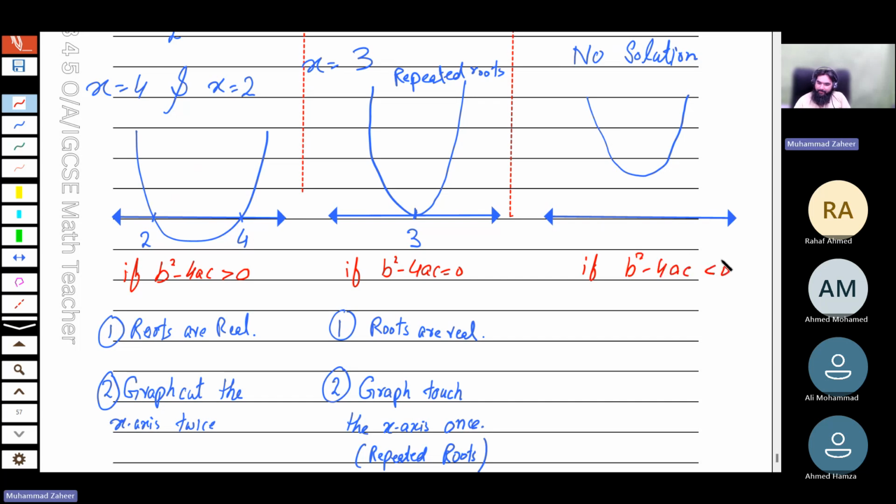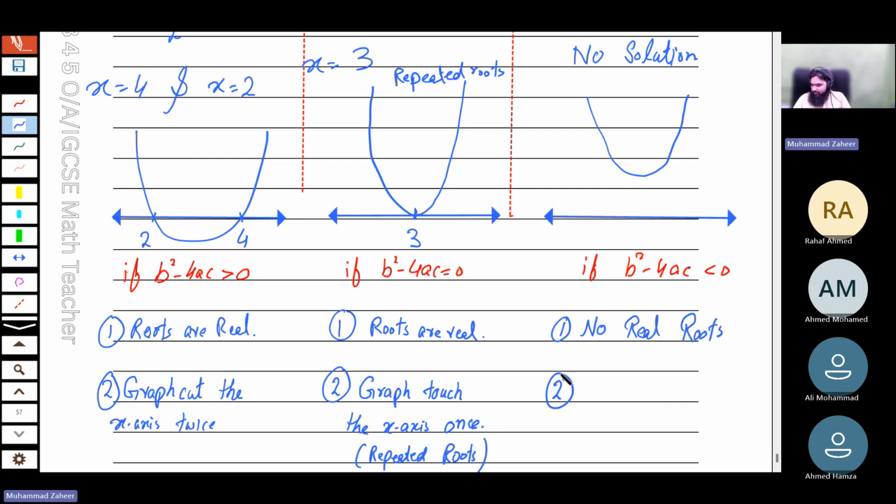In the third one, if you have discriminant lesser than 0, it means that obviously the graph does not touch the x-axis. This means that we have no real roots.